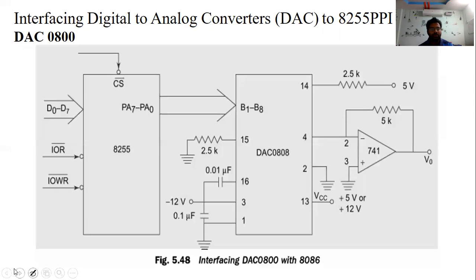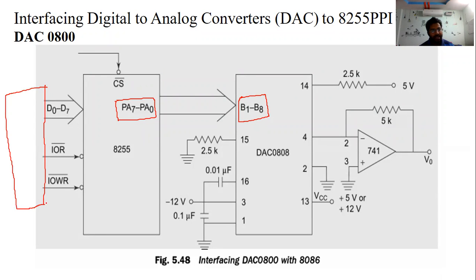So how to interpret this one? You can see B1 to B8 on this side, and on this side PA0 to PA7. You can draw this in the examinations also, with the 8086 microprocessor; that will give a very good impression.